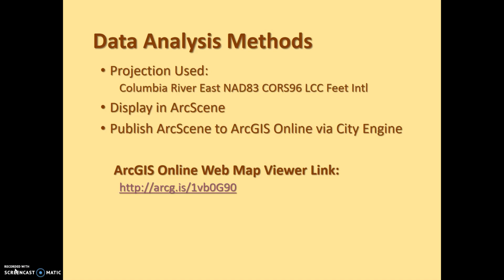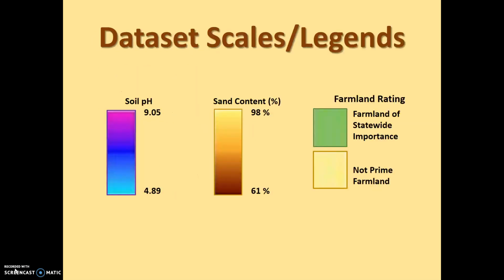I published the ArcScene to ArcGIS Online via CityEngine so that I can also share it and also enable the swipe tool. So just to go back, these are the legends, and they're on the map. They're on the web link as well, but you have to click, and it's a little bit hard to view it simultaneously with the maps.